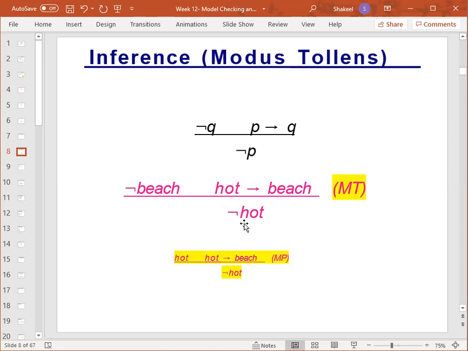If I observe that I didn't go to the beach, then I could infer that it's not hot. So you could say that we could do inference with these two aspects of implication, which is pretty powerful. The one is called modus tollens and this one is called modus ponens.